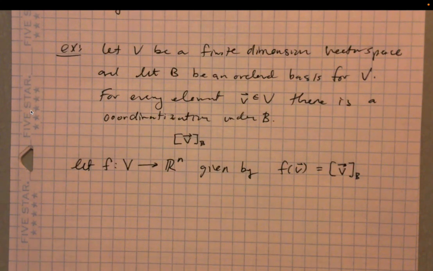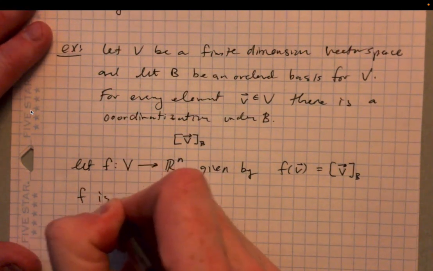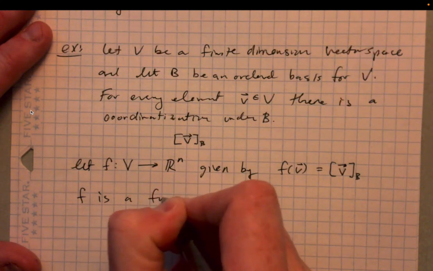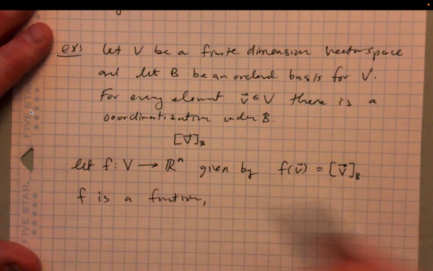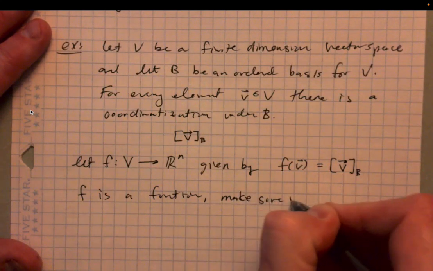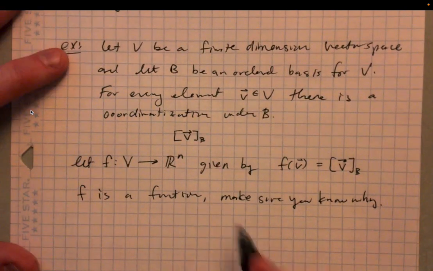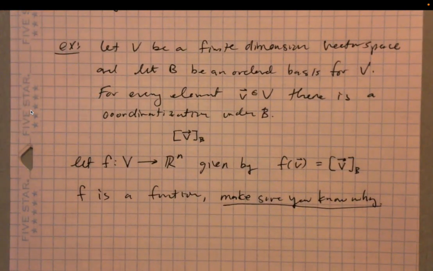Now, is it a linear transformation? Let's see. So we'll say f is a function. I'll write here, make sure you know why. Right, that's important. I kind of gave the explanation for why it's a function, but make sure that that all makes sense to you.